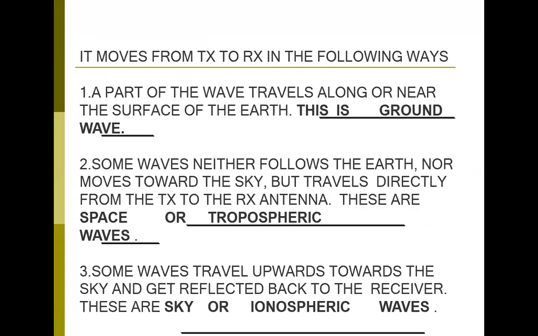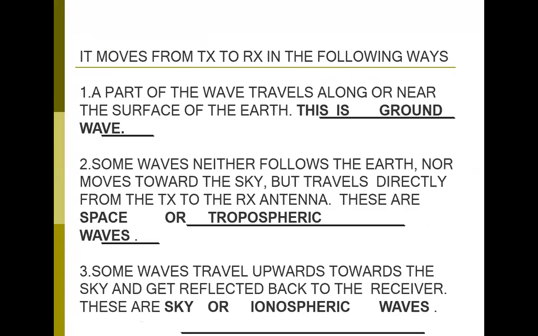A part of the wave travels along or near the surface of Earth. This is said to be the ground wave, because the EM wave is traveling in the space near the surface of Earth.